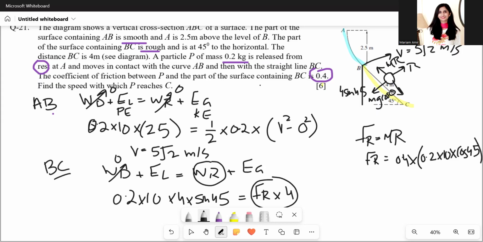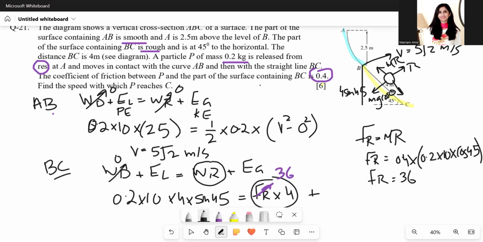So what do we get? 0.4 into 0.2 into 10 into cos 45. It's coming out to be 36. So 36 times 4 would be the work done by resisting force.